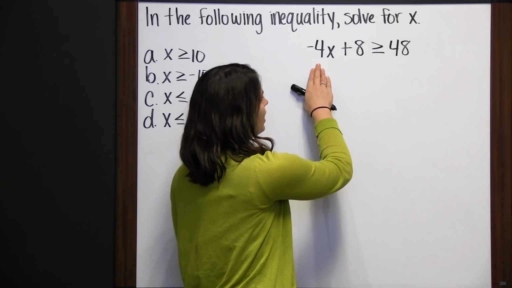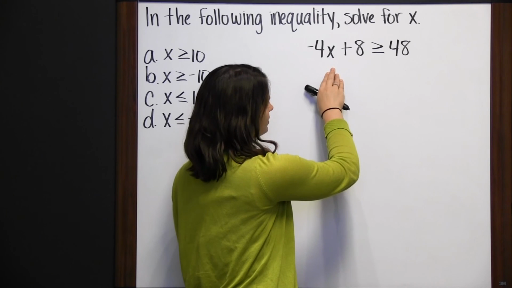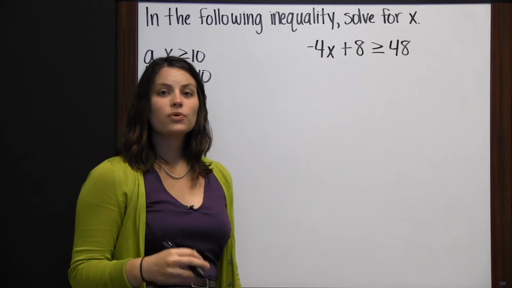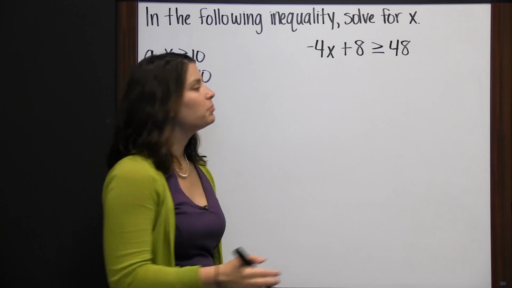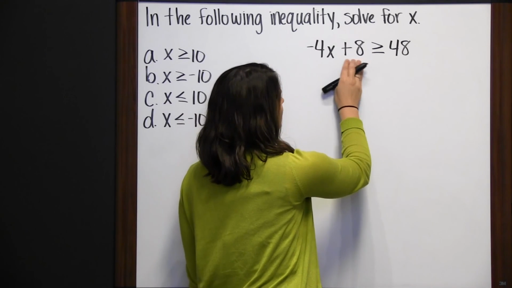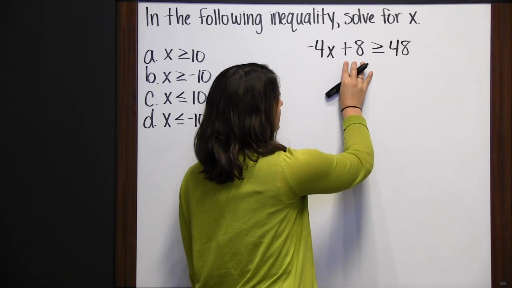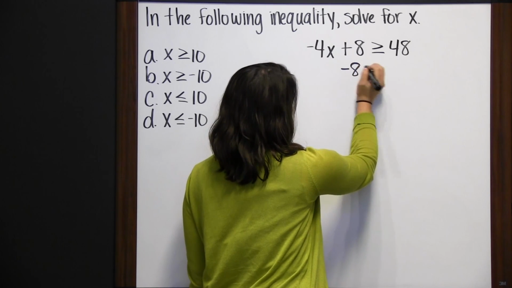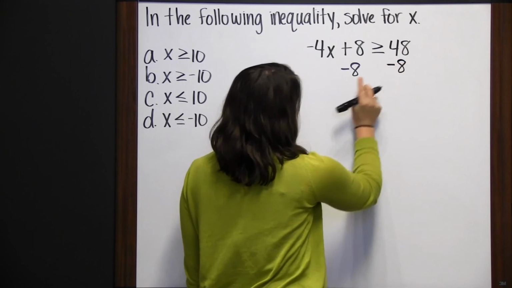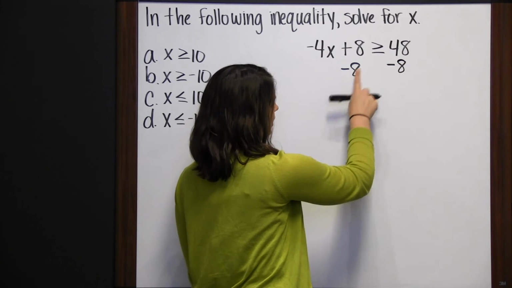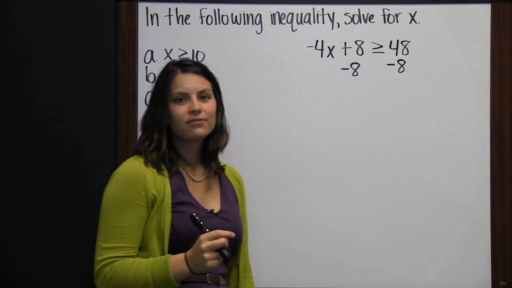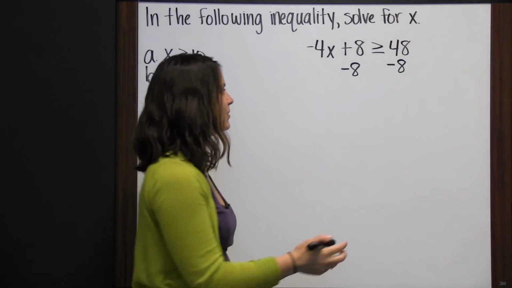And that is negative 4 times x and plus 8. So we'll start by getting rid of the plus 8. And we can get rid of it by doing the exact opposite of adding 8, subtracting 8. And if we subtract 8 from the left side of our inequality symbol, then we must also subtract 8 from the right side to keep it even.